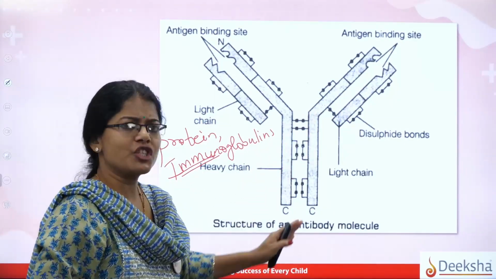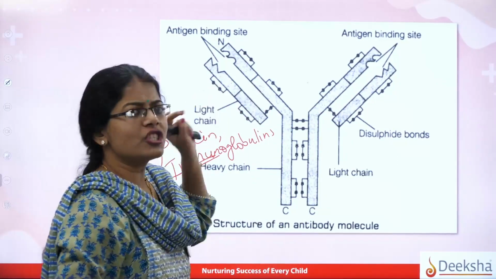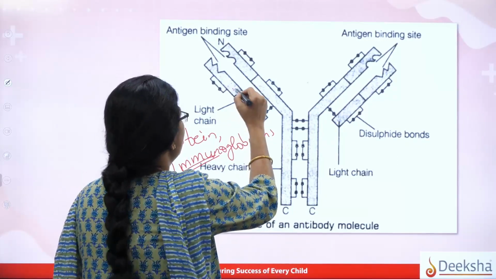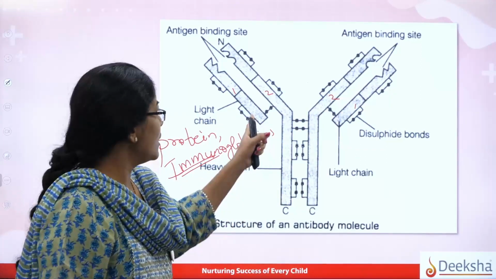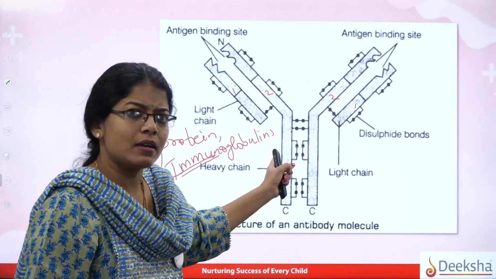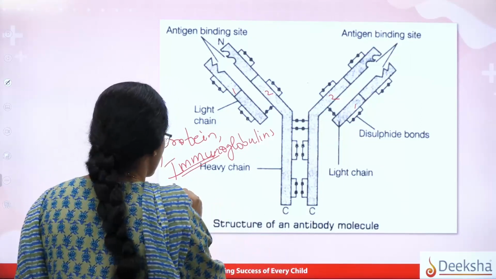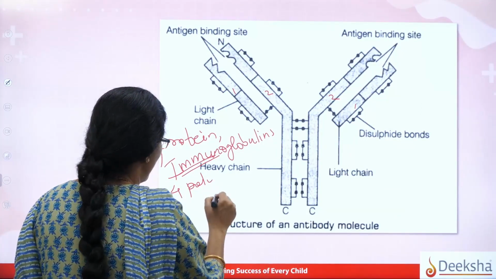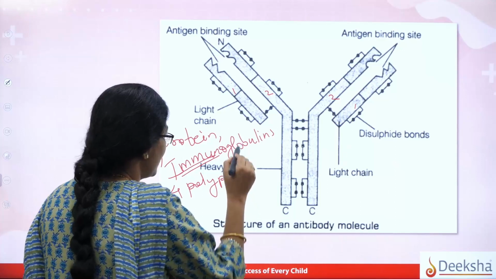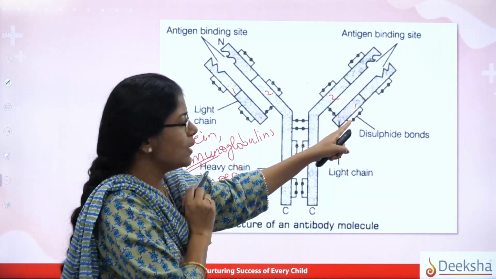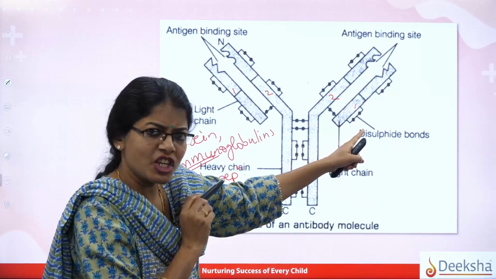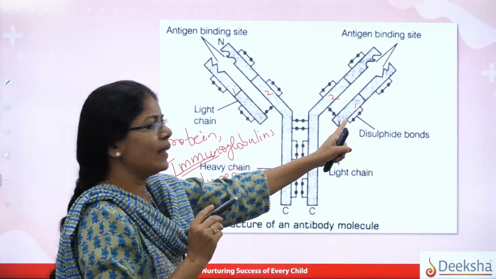Now, what is this comprising of? The Y-shaped antibody will have two types of chains. So this is one type of chain, and this is a second type of chain. So these are the four chains which are present. These are the four polypeptides. The outside ones are going to be the light chains, which are how many in number? 1 and 2.